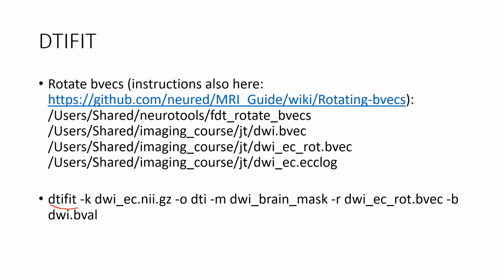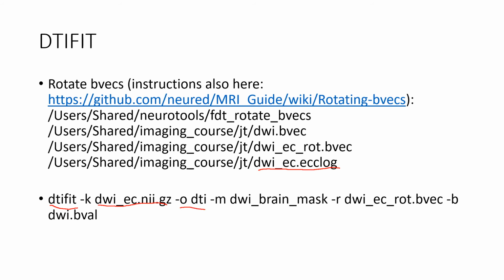And then I also input this eddy current correction log that is output automatically by eddy correct. And again, we'll walk through this in another video. So we rotate that, and then we run DTI fit. This is our input, our eddy current corrected diffusion image. Give an output.